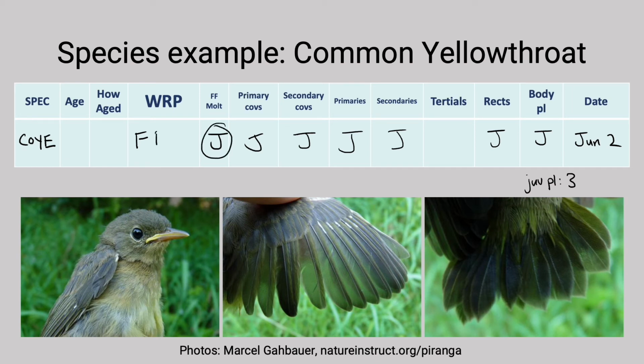We have a P. It is pre-something, and I've said it about 12 times here. It is doing its pre-juvenile molt. First pre-juvenile. How aged? Juvenile plumage is a good one to put for that. That's more specific than just plumage. And if you wanted to put the old age code, it would be a 2 for hatch year.